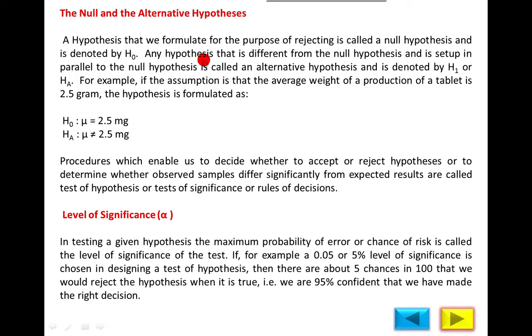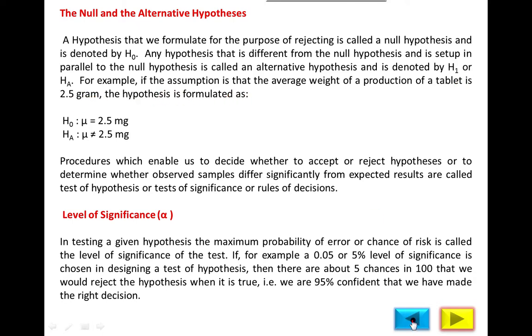Any hypothesis that is different from the null hypothesis and is set up in parallel to the null hypothesis is called an alternative hypothesis, denoted by H1 or HA. For example, if the assumption is that the average weight of a production of a tablet is 2.5 milligram, the hypothesis is formulated as follows.